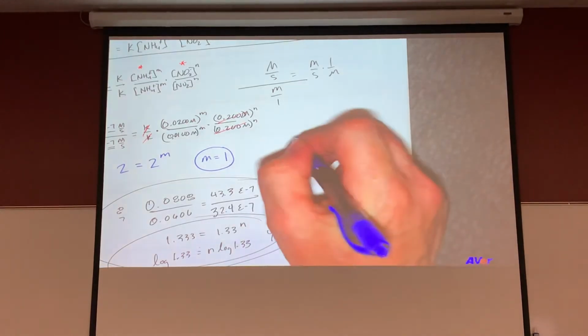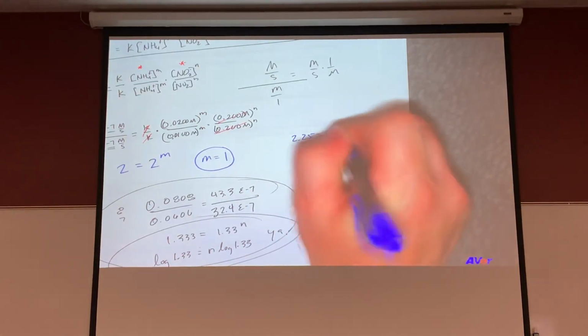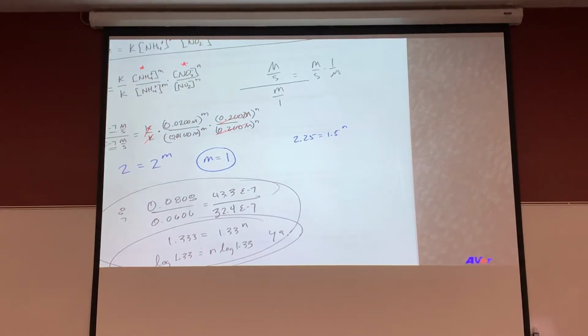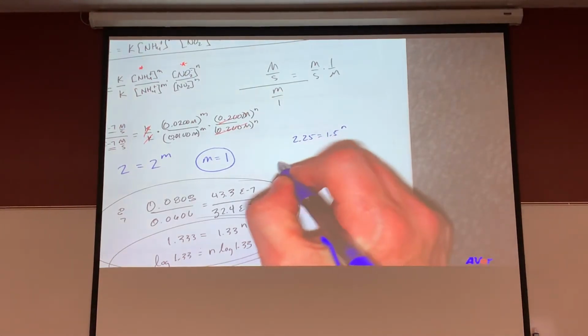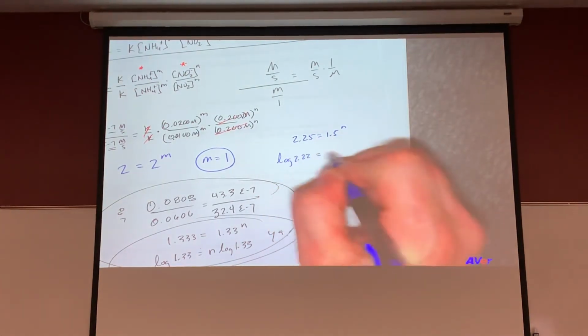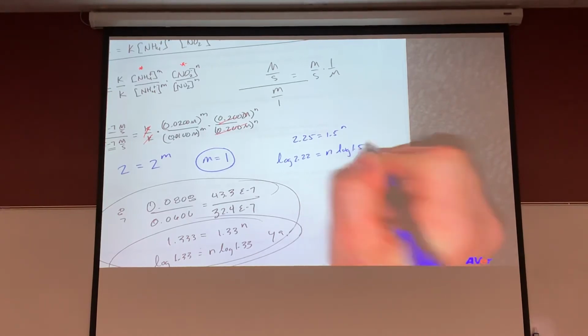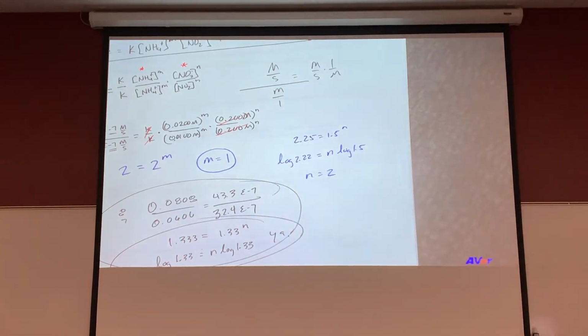One of the book examples gives you 2.25 equals 1.5 to the n. Can you see that one? What's 15 squared? 225. So 15 squared is 225, 1.5 squared is 2.25. But if you can't do that in your head, or you can't see it, that's why I mentioned you can go log of 2.25 equals n log of 1.5, n equals 2.